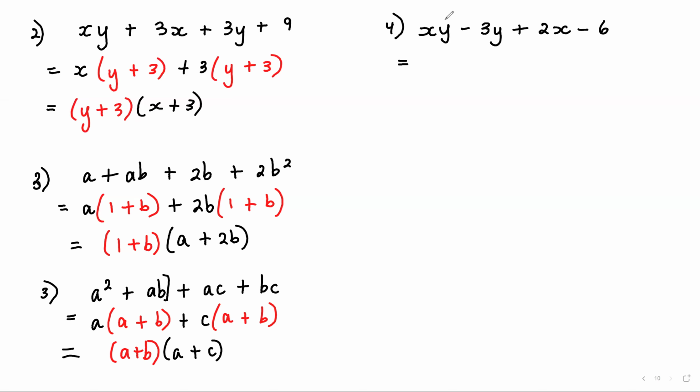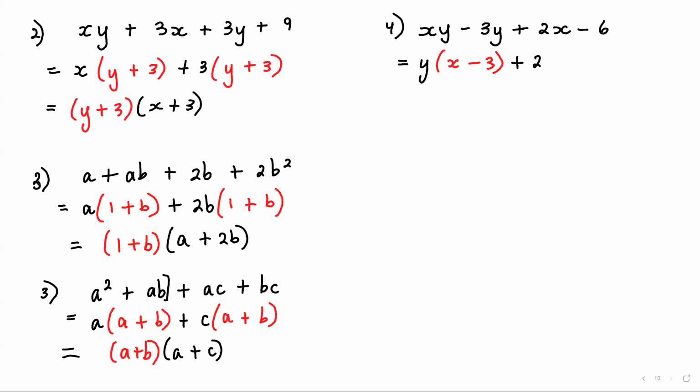So I'm factorizing xy and 3y first. The common factor here is y. So in brackets, I will have, well, y times x is xy, and y times minus 3 is minus 3y. I'm bringing down this plus sign here. The common factor between 2x and 6 is 2.